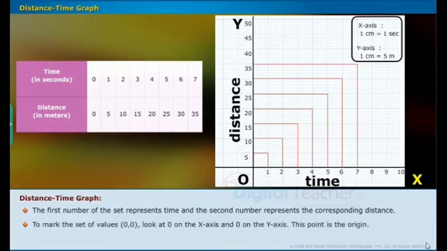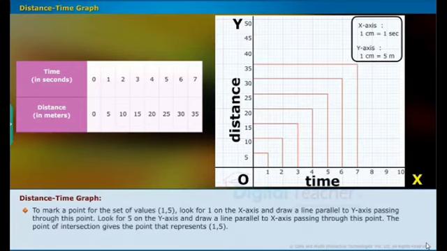To mark the set of values 0, 0, look at 0 on the x-axis and 0 on the y-axis. This point is the origin. To mark a point for the set of values 1, 5, look for 1 on the x-axis and draw a line parallel to the y-axis passing through this point. Look for 5 on the y-axis and draw a line parallel to the x-axis passing through this point.